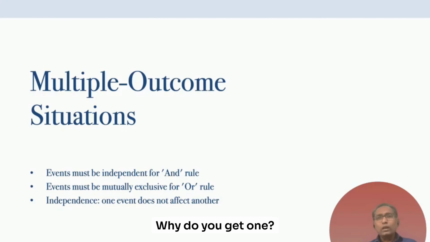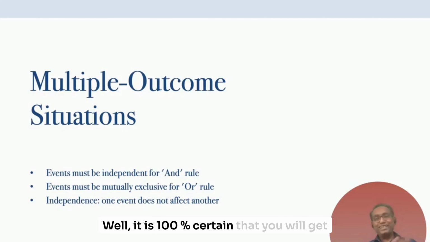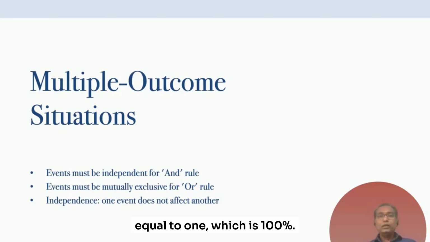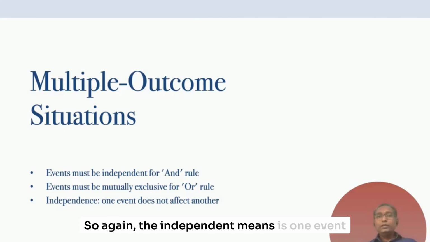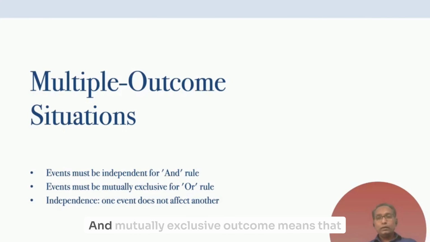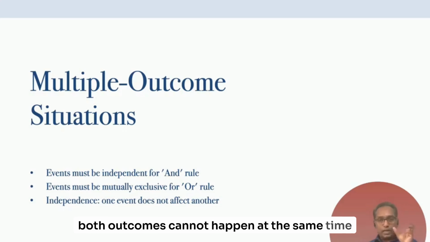Why do you get 1? Well, it is 100% certain that you will get either one or the other, heads or tails. That's why the total probability would be equal to 1, which is 100%. So again, independent means one event doesn't affect the other, and mutually exclusive outcome means that both outcomes cannot happen at the same time in a given event.